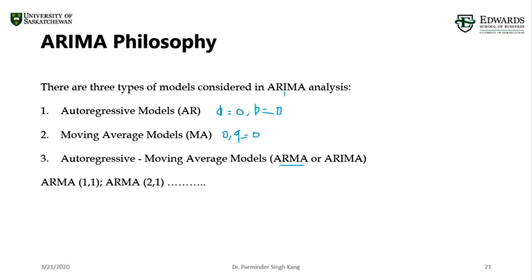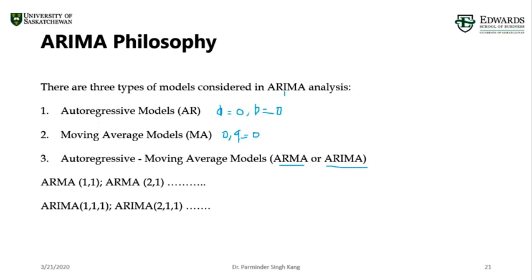The final one is the ARIMA in which we have the integrated component. So I can have a model ARIMA 1 1 1, which means the autoregressive component is present, the integrated component is present, and the moving average component is present as well, right? Similarly, I can have ARIMA 2 1 1. There are lots of possibilities for the different ARIMA models that you're going to have.